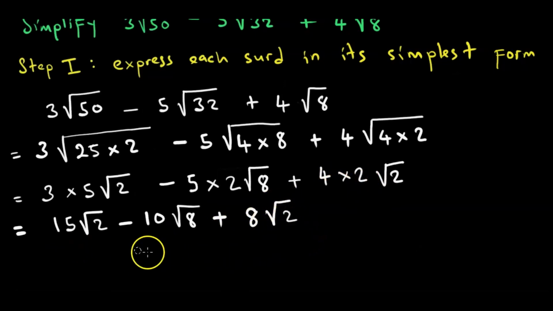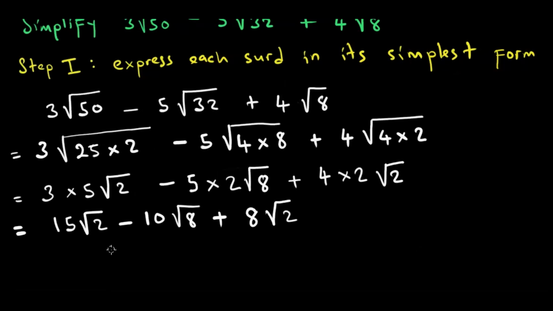Before we do anything, we should cross check. We should check our square roots to see whether we can simplify them further. The square root of 2 we cannot simplify any further for many reasons, chief of which is that 2 is a prime number, and by prime number we mean it only has factors 1 and itself.